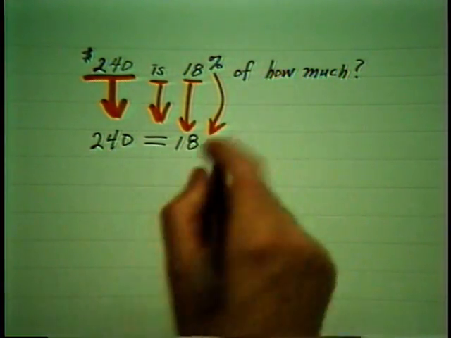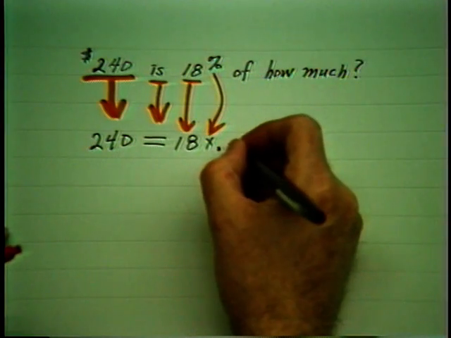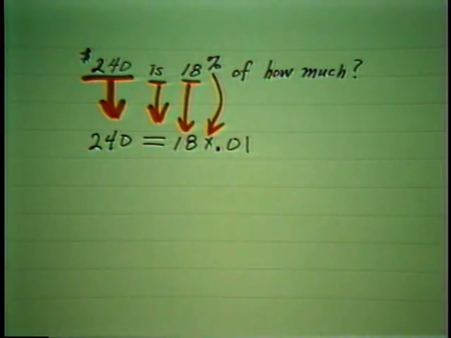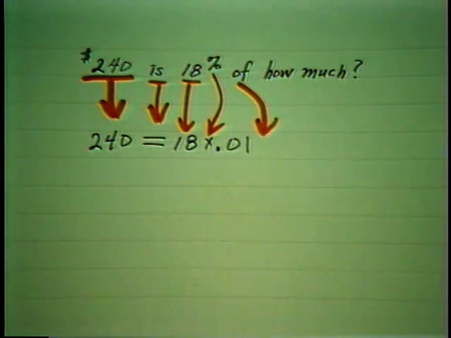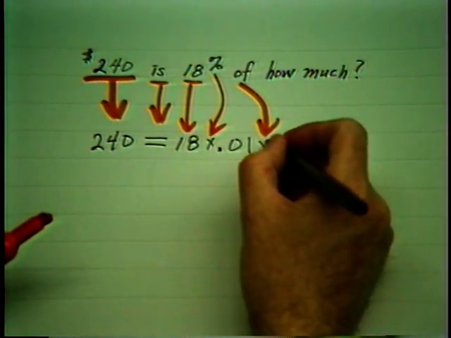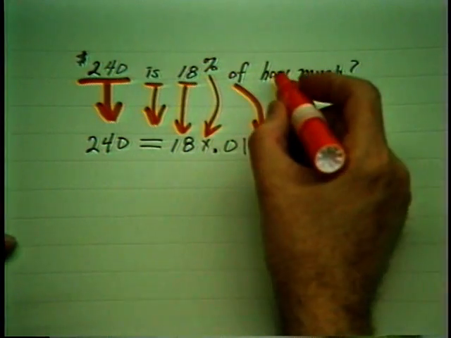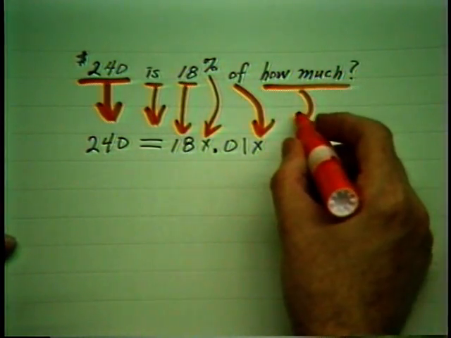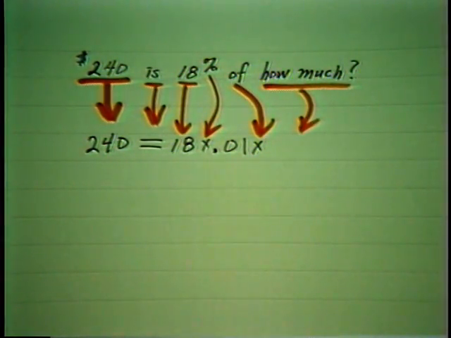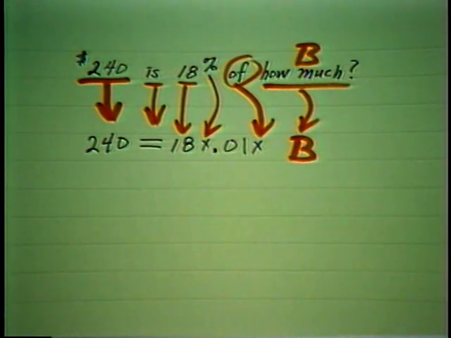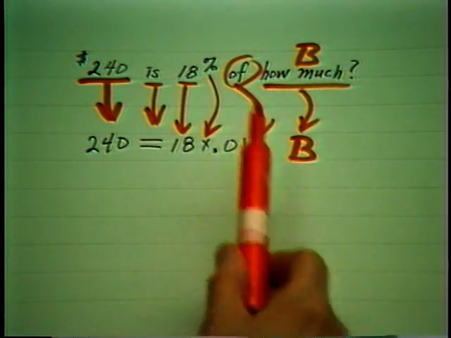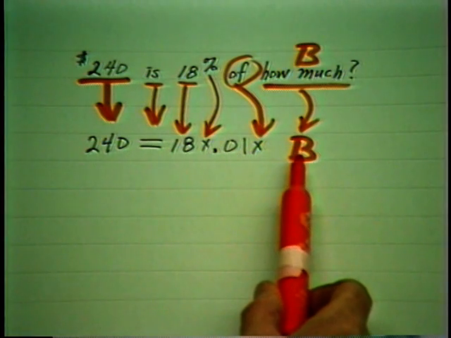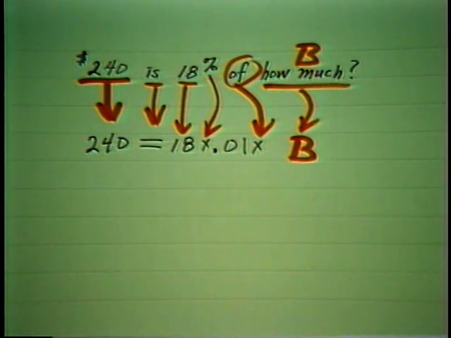It becomes times 0.01. Of becomes times. And how much becomes my unknown, and we can use whatever letter we wish. However, we might as well use B, since it follows the word of, to get used to the word base, which is one of our business words.